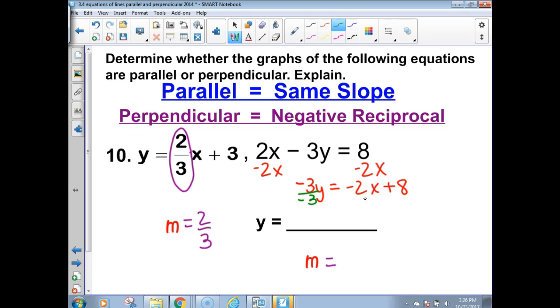We divide by -3. Okay, so we get +2/3 x. I really don't care about this number because it's not part of the slope, but plus -8/3 would be the equation. The slope is 2/3, so these lines would be parallel.